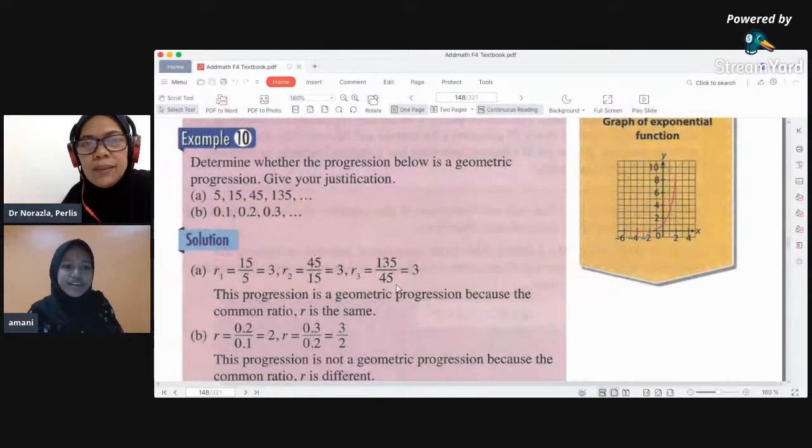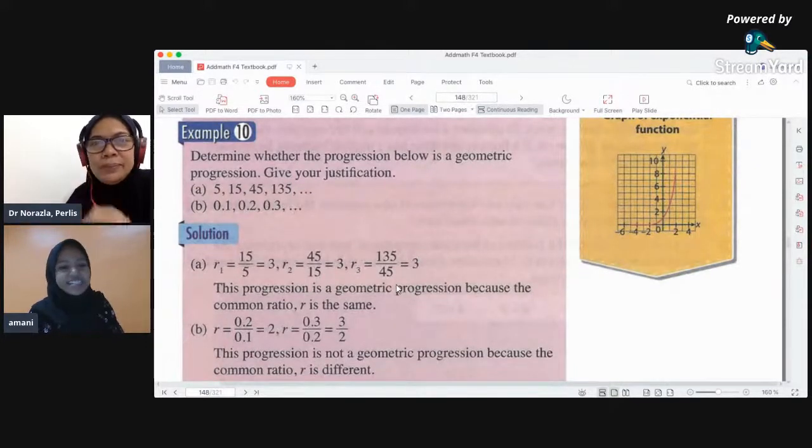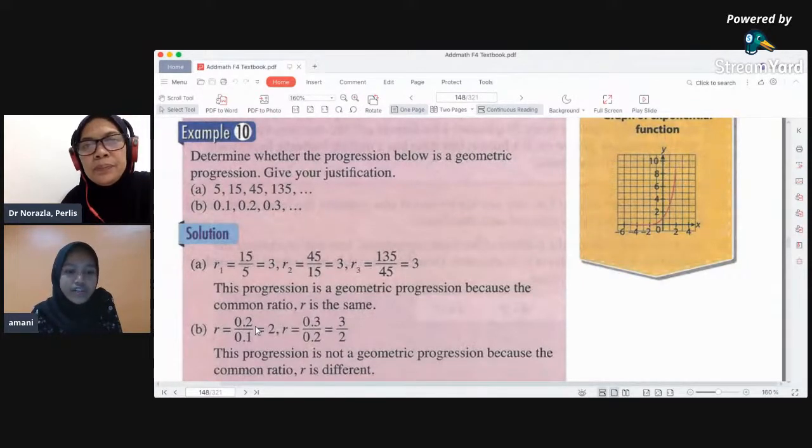Madam, I did not prepare any calculation. Never mind, just explain using the solution. The ratio of the first is 15 over 5 equals 3. So 15 divided by 5 is equal to 3, and 5 multiplied by 3 is equal to 15.